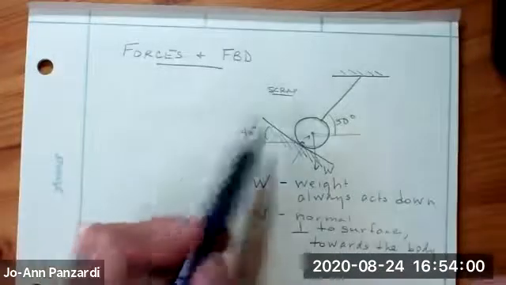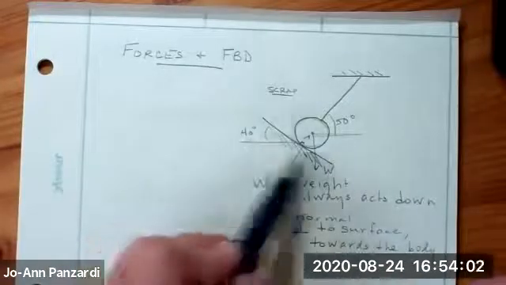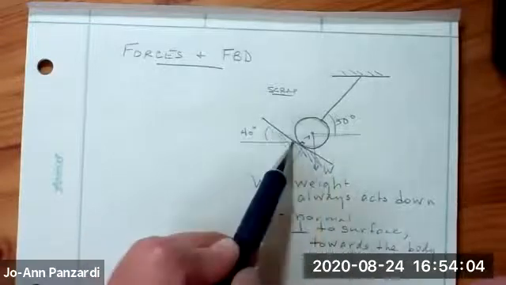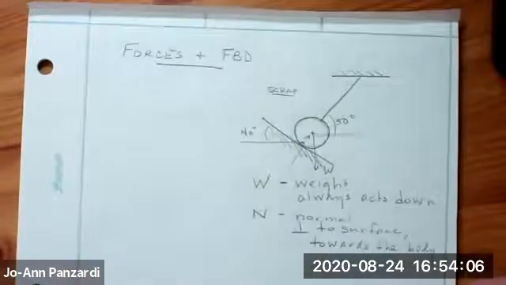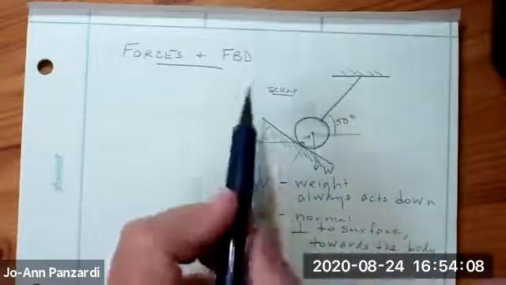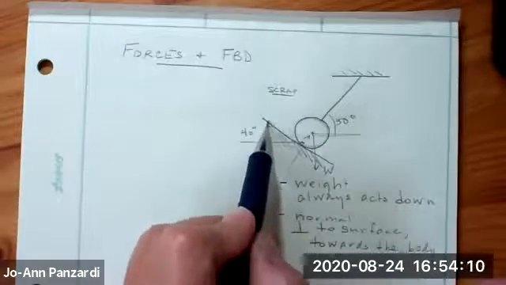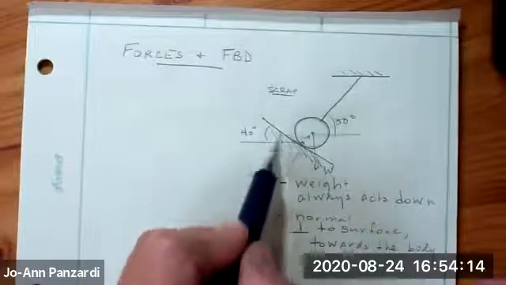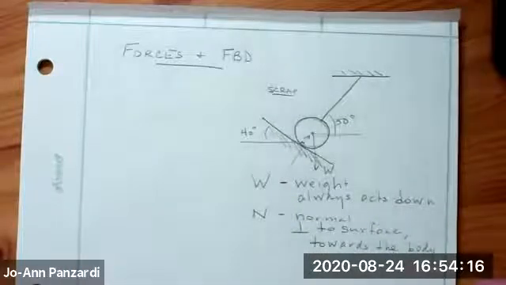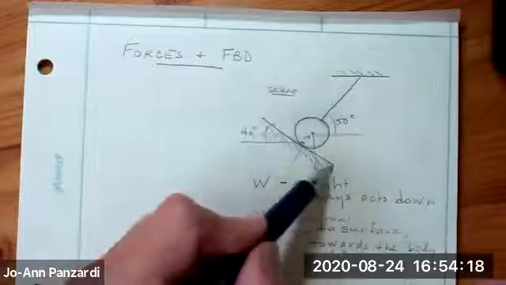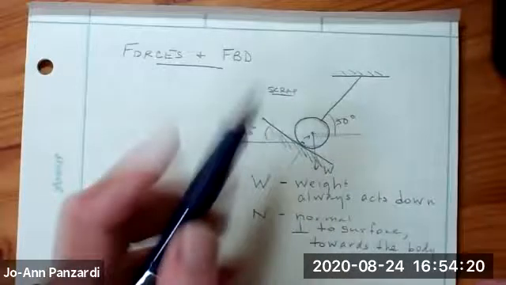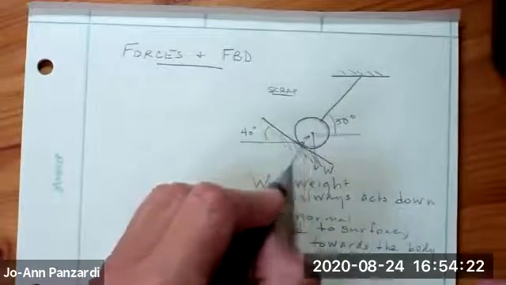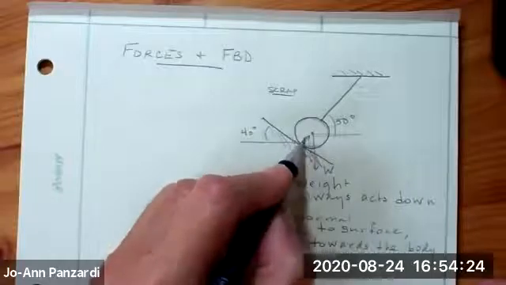You notice here that there's 40 degrees between the surface and the horizontal axis. Geometry says that the angle between two lines is the same angle between lines that are perpendicular to both of them. So perpendicular to the surface is where our normal is going to be.